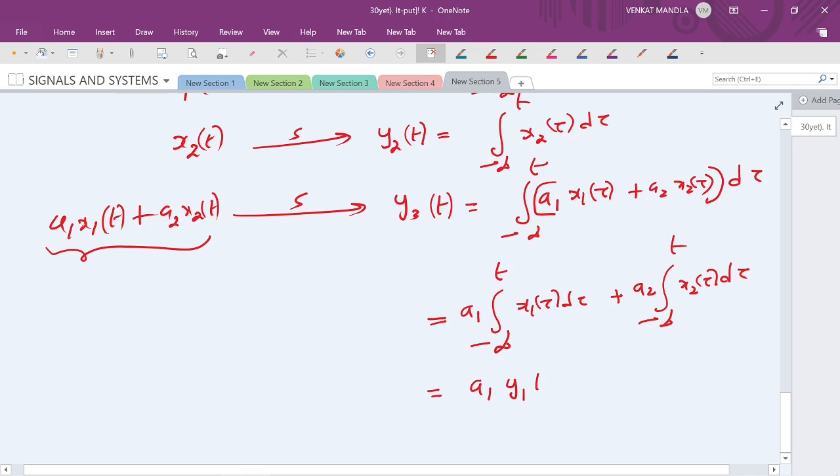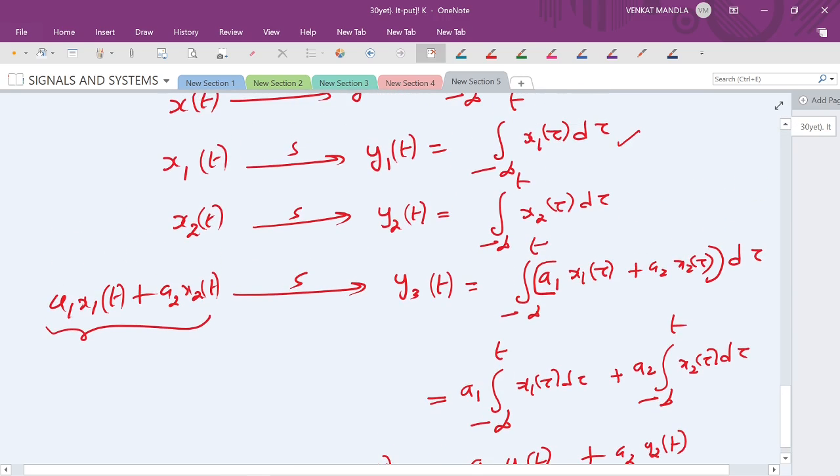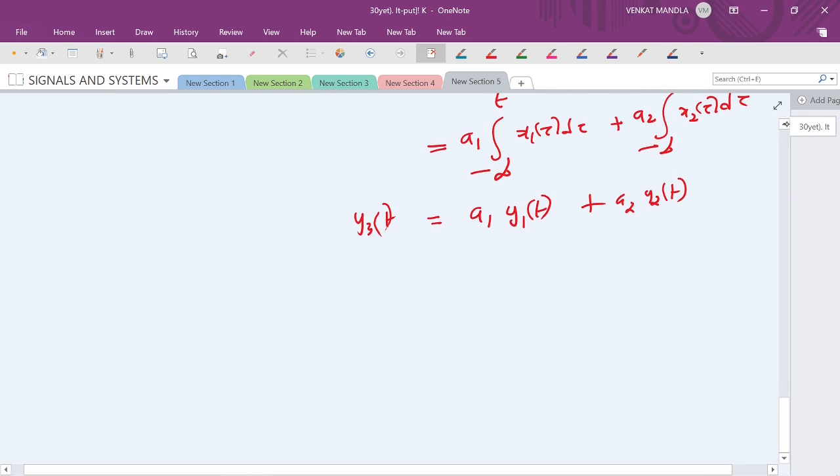That is a1 y1(t) plus a2 y2(t). So these are y1(t) and y2(t), and y3(t) equals a1 y1(t) plus a2 y2(t). So this condition is satisfied. That implies y(t) equal to the integral from minus infinity to t of x(tau) d tau is linear.